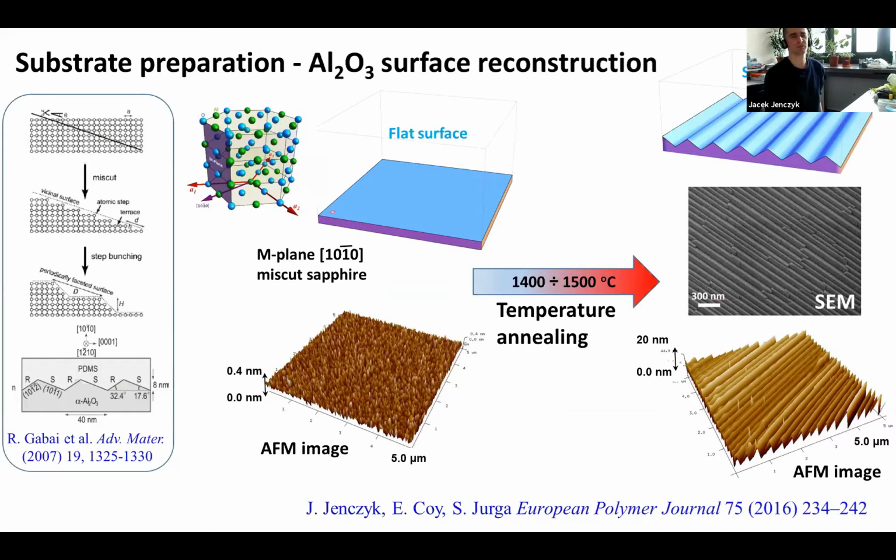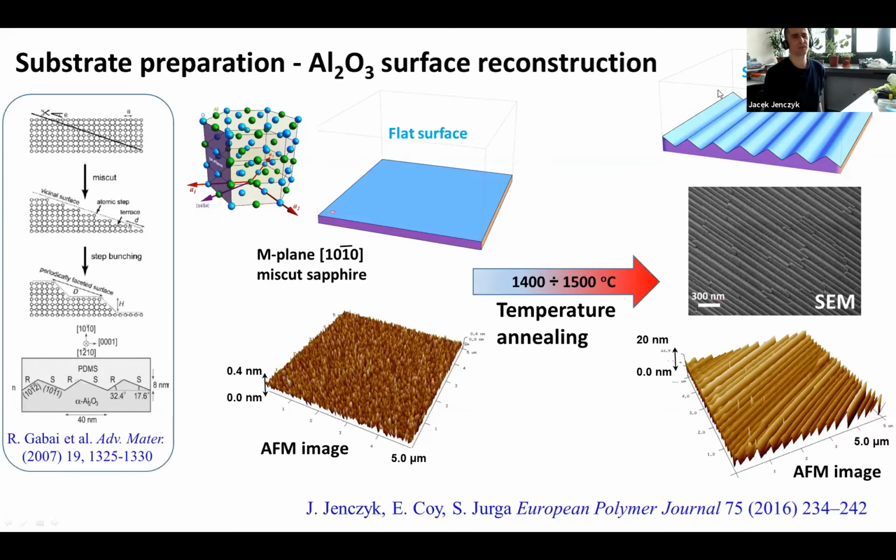For example, the strategy which is called in general graphoepitaxy. So instead of using flat substrate, we use substrates which have some pattern, some structure present before the diblock copolymer deposition.